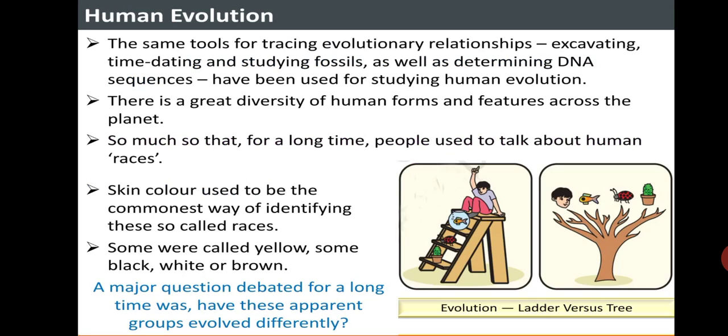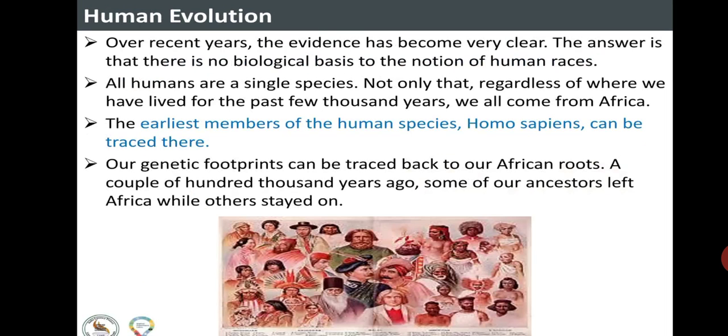Skin color used to be the commonest way of identifying these so-called races. Some were called yellow, some black, white, or even brown. Over recent years, the evidence has become very clear. The answer is that there is no biological basis to the notion of human races.